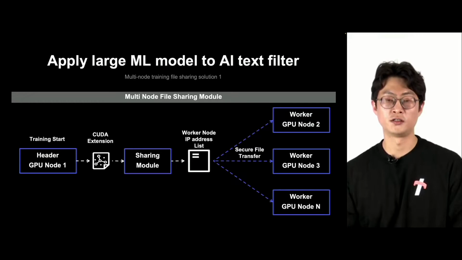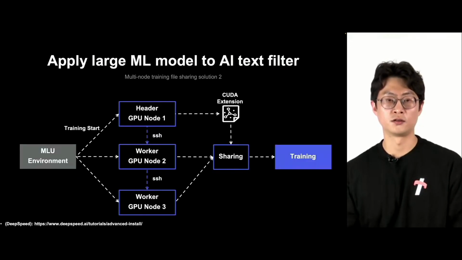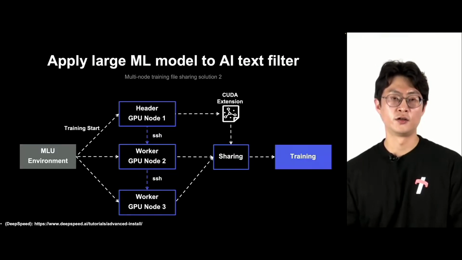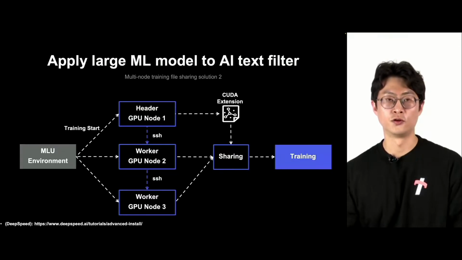And we created an automated system where the CUDA extension file could be sent to the worker node automatically. So if you look at the overall picture, regardless of how many worker nodes have been added, when the CUDA extension file is created at the header node, the sharing module shares all the CUDA extension files with the worker nodes so that multi-node training is possible.